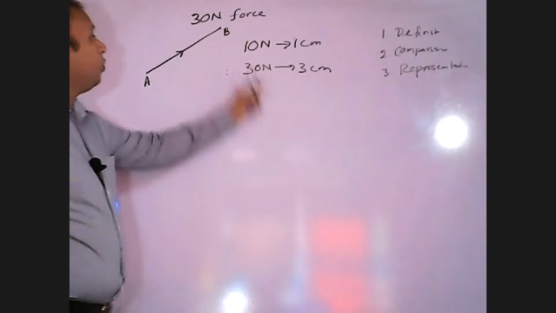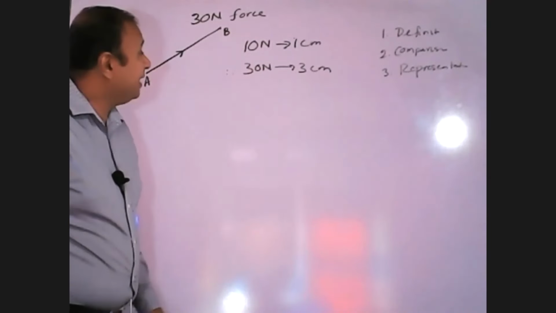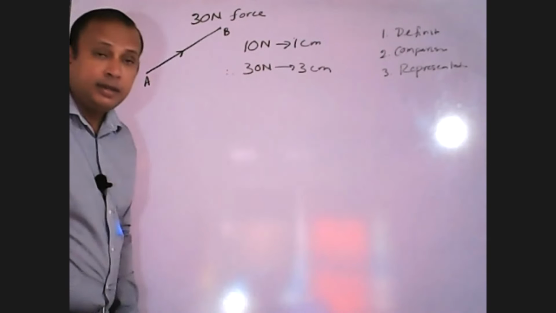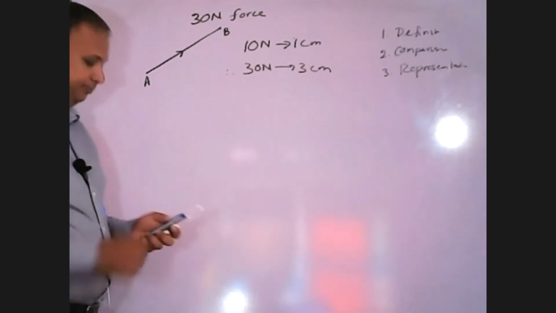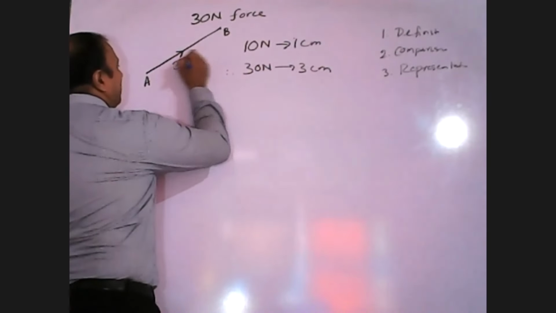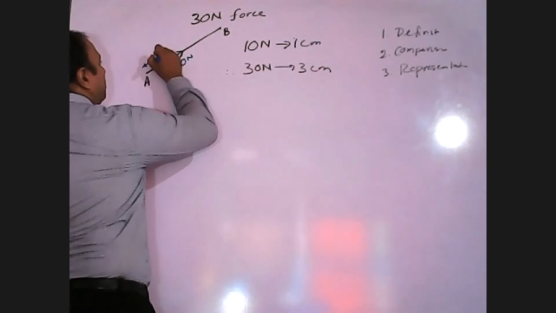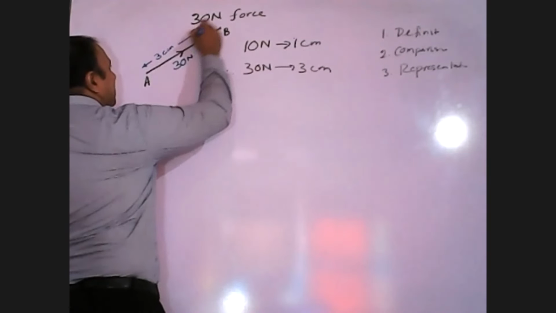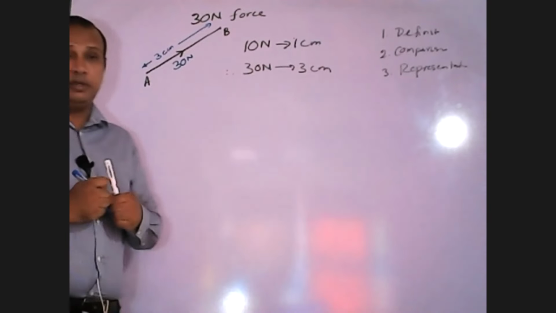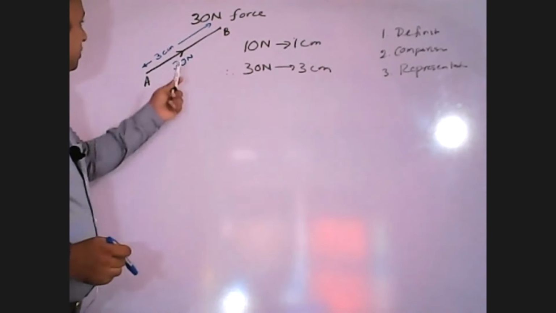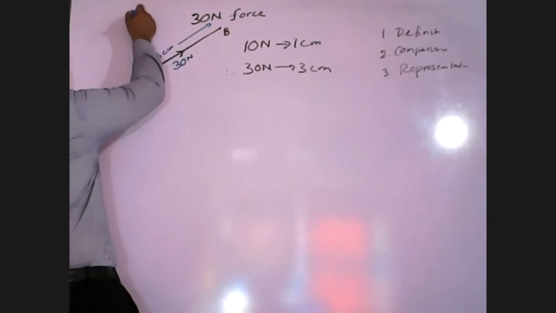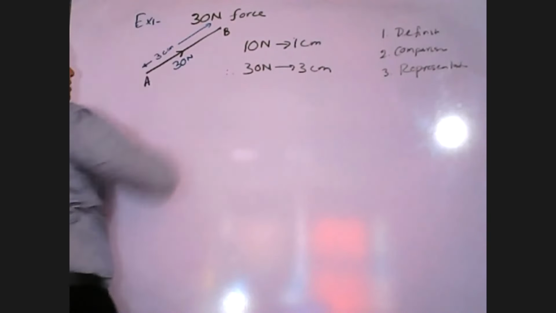Then we can assume a scale to represent the magnitude of the vector. So I can draw a 3 centimeter line segment to represent this 30 Newton force. Write this one as an example.